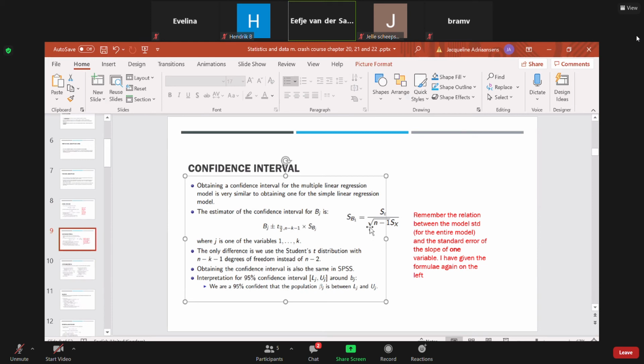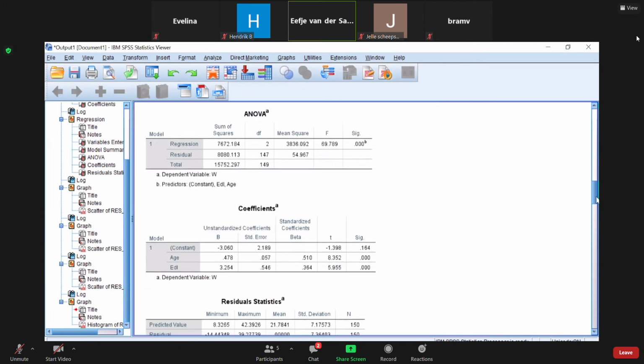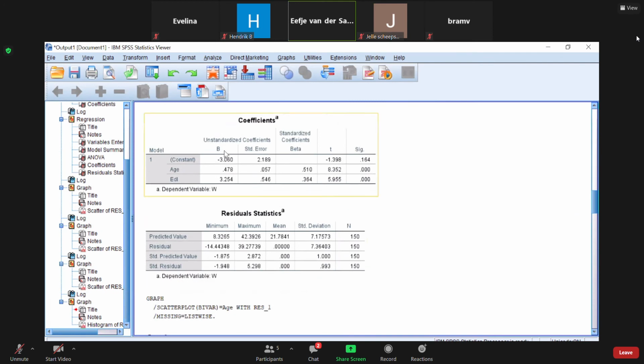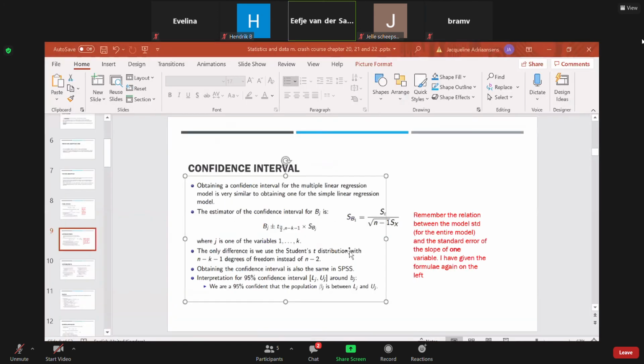The SBJ is this formula, but you don't need it because you can get it from your output. Let me show you. Here, this is your B value. If this is my x1, this is my x2, this would be my B2, and this would be my SB2. That's all you need to know.